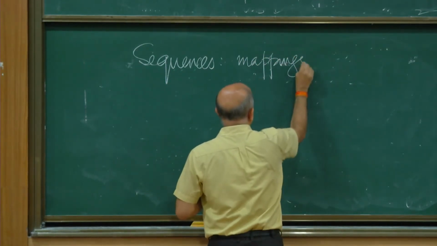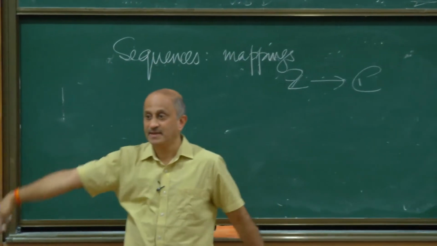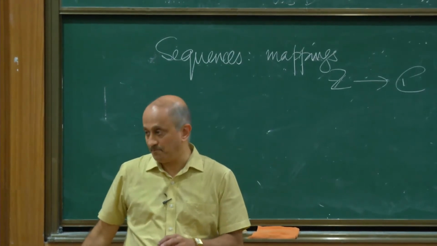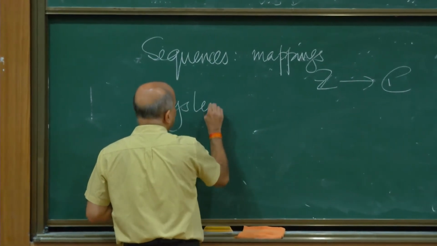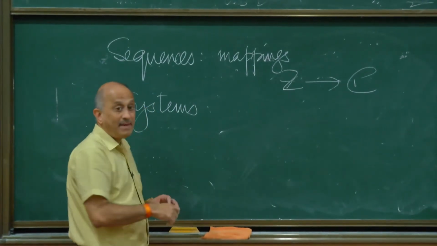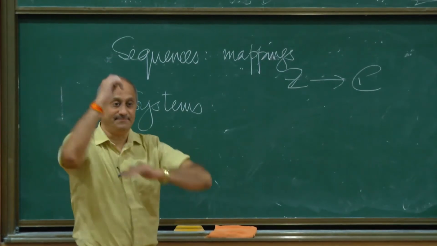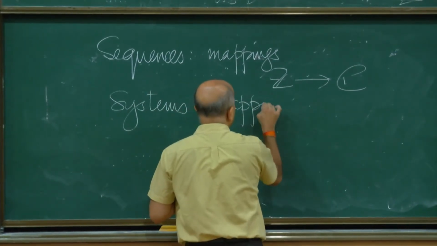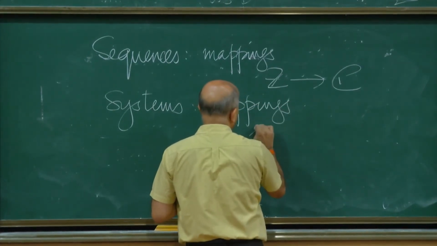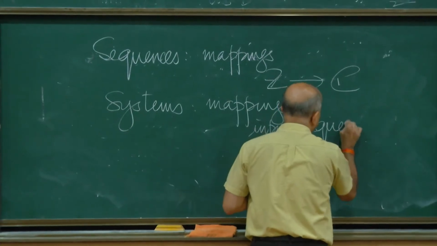Mappings from the set of integers, script Z, to the set of complex numbers, script C. What are systems? Systems are mappings from sequences to sequences, so it's one layer higher. Mappings from input sequence to output sequence.